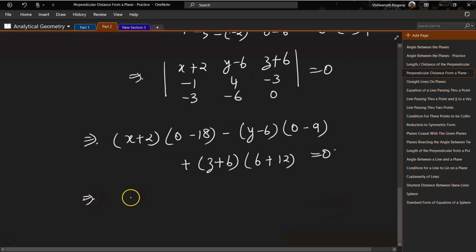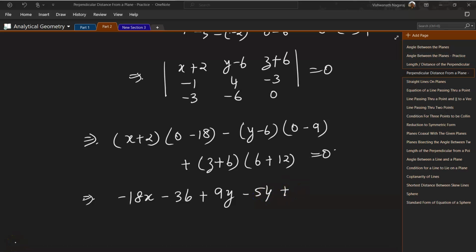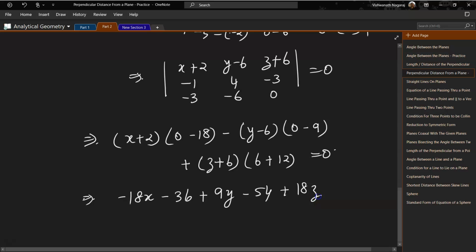Okay, so we have minus 18x minus 36, plus this becomes 0, this becomes 0, so we have to multiply only with 9. So plus 9y minus 54 plus 12 plus 6 is 18, so 18z plus 18 times 6 is 108 equal to 0.